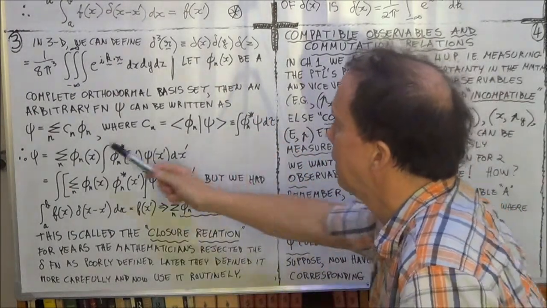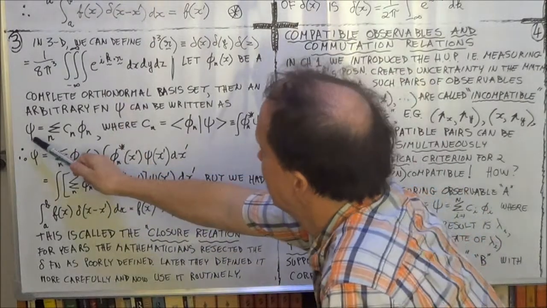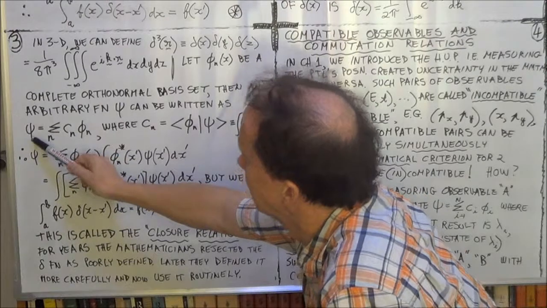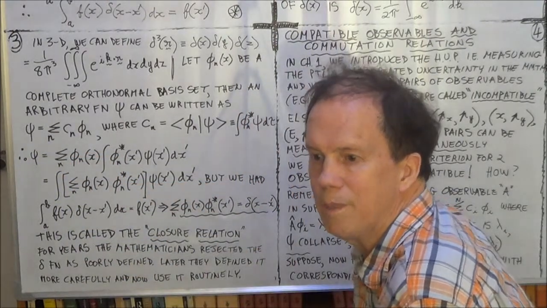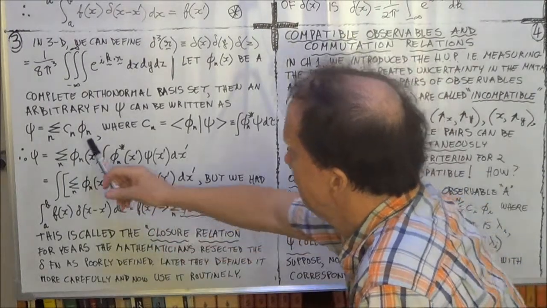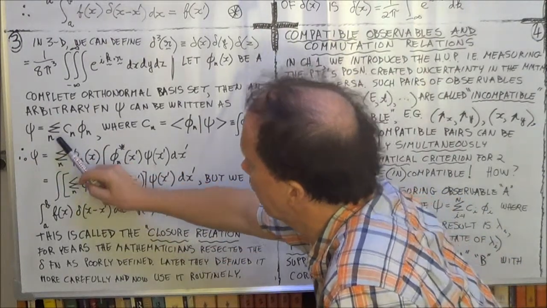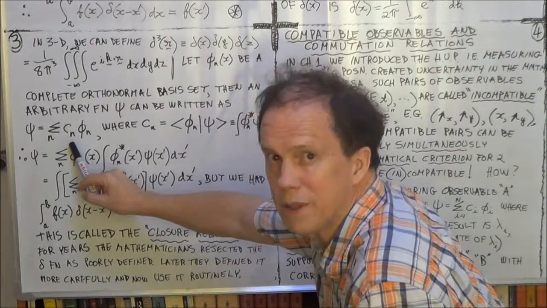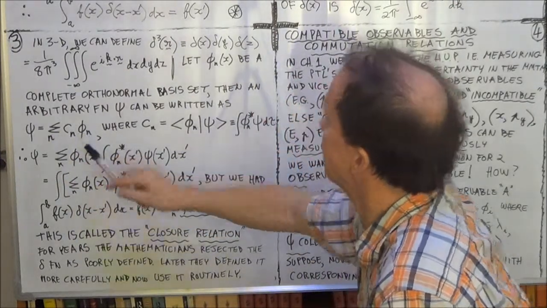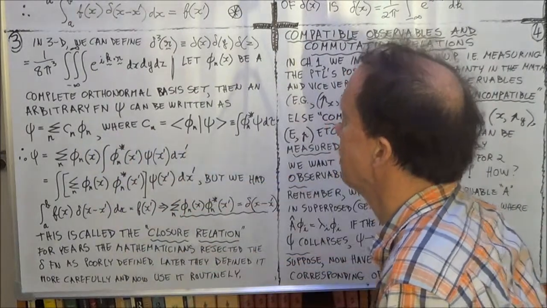Right? So I've talked about this before, but here's some arbitrary function psi, and you can write that as in Fourier analysis. So you can write that as a weighted sum, with these complex numbers, of these orthonormal basis functions.